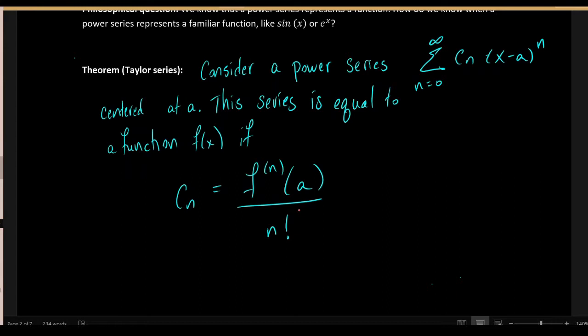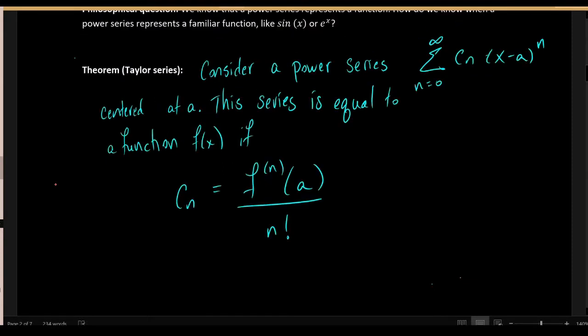Not only can this be used to check whether a known series is equal to a known function, this can be used to find a power series representation for a known function, so that we can do things like take derivatives and integrals one term at a time.